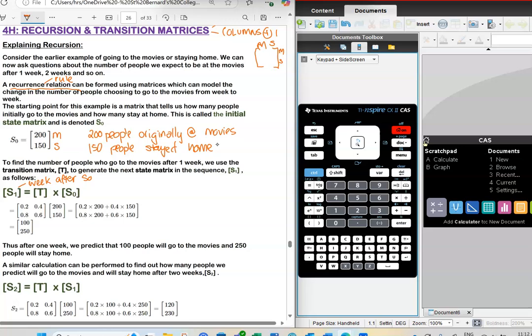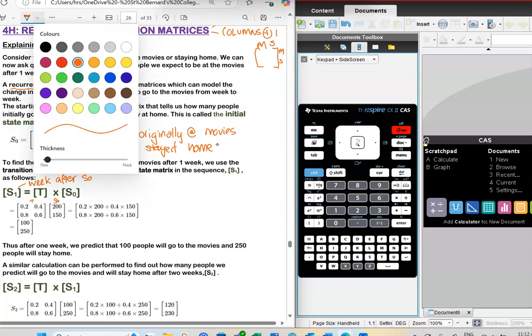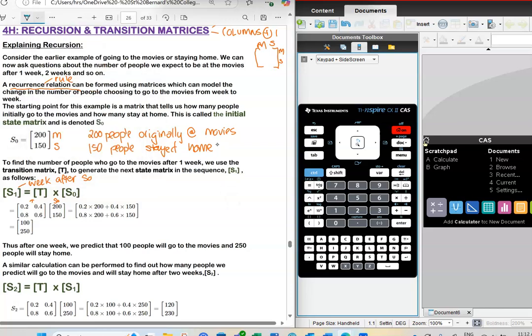So the way we can get that is when we want to know how many people are at each venue or each spot in week 1, you can see we do the transition here times S0. So if we remember how we do manual multiplication, we go that row with this column. So you can see 0.2 with 200 and then 0.4 with 150.